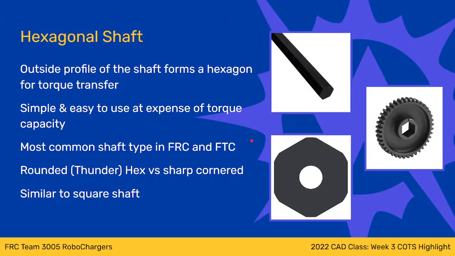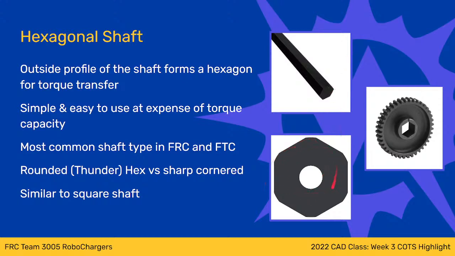The key thing is it's really easy to use. That's why hex shaft is a thing. It's also very compact in terms of strength and packaging. If you think about a hexagon, it's kind of close to a circle. I could have a much more spiky shape, and it would take up a lot more space while having a small cross-sectional area.